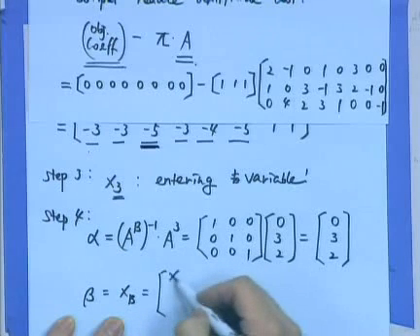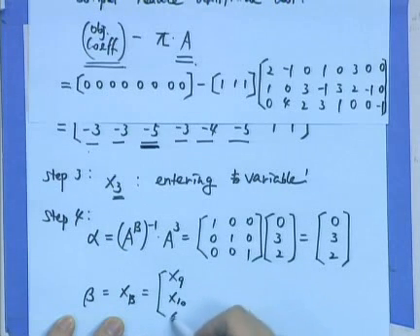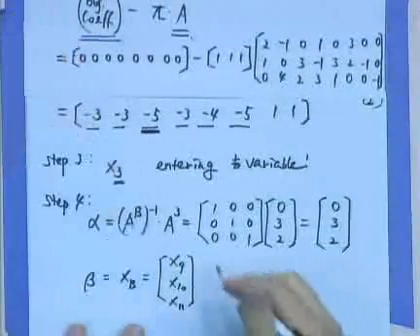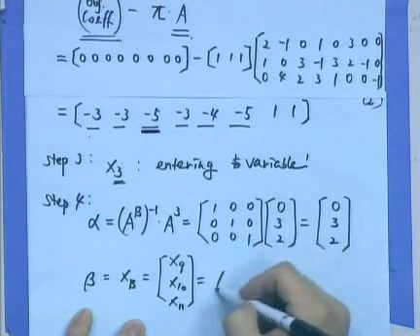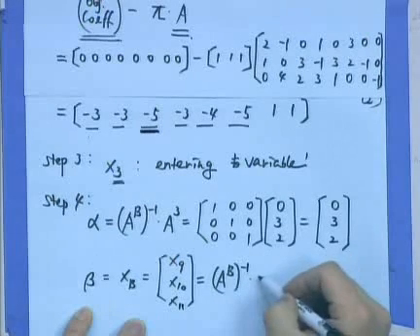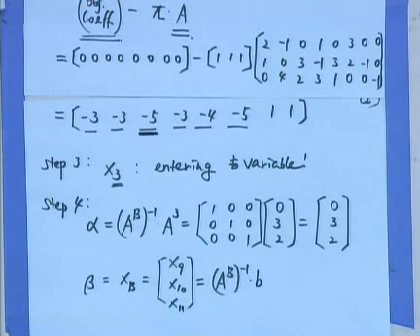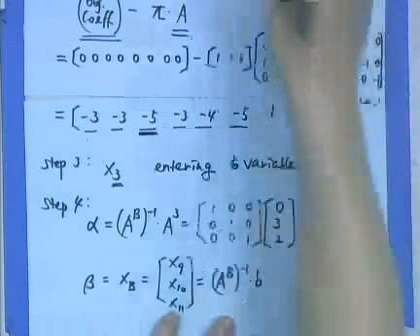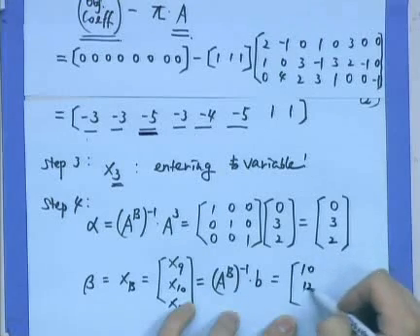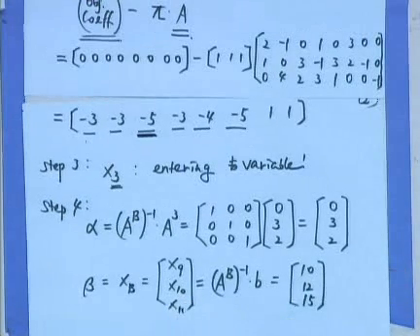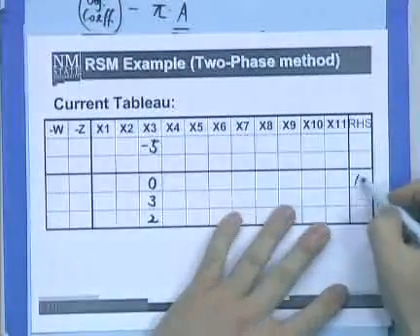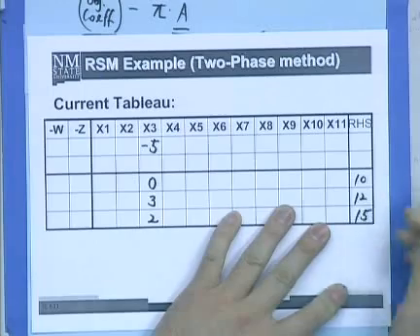They are currently x9, x10, and x11, right? And it can be obtained by the basis inverse matrix times the right-hand side values from the original table, right? So it should be 10, 12, 15. Okay?